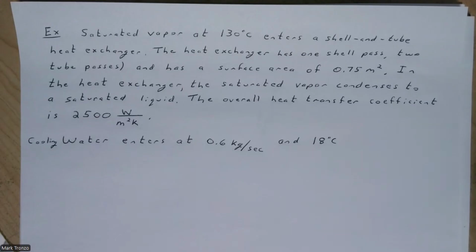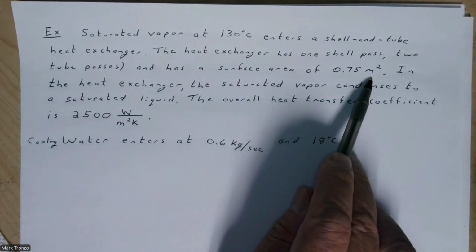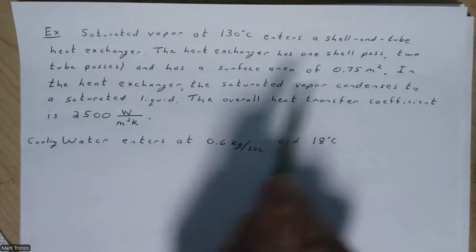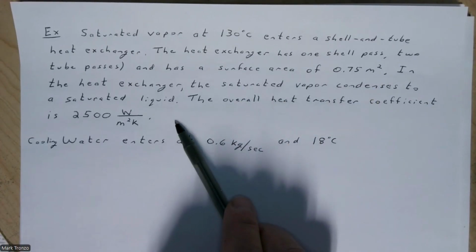Let's take a look at this problem. Saturated vapor at 130 degrees C enters a shell and tube heat exchanger. The heat exchanger has one shell pass and two tube passes and has a surface area of 0.75 square meters. In the heat exchanger, saturated vapor condenses to saturated liquid.